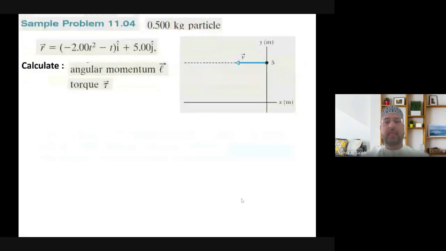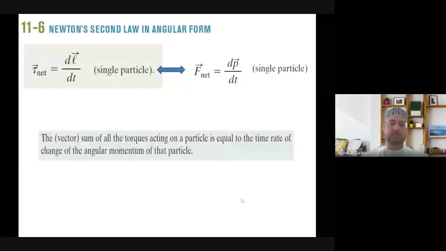So if we take all the torques and sum them up, like before we took all the forces and summed them up, and then look at the time rate of change of angular momentum, we end up having the same quantity.